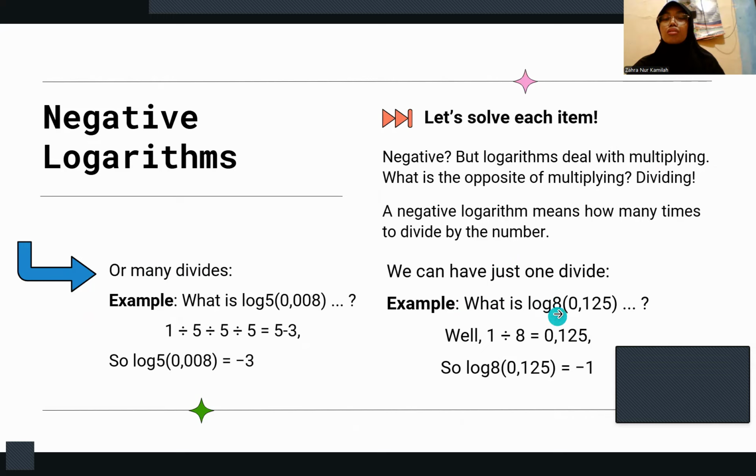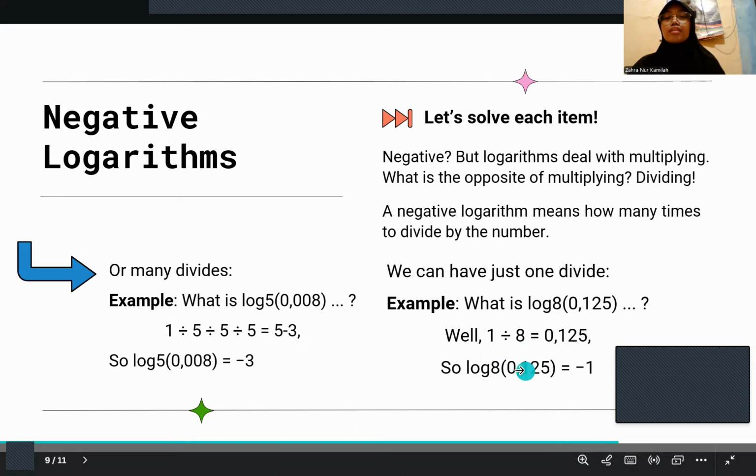What is log base 2 of 0.125? Well, it's 1 divided by 2, divided by 2, divided by 2, which equals 0.125.